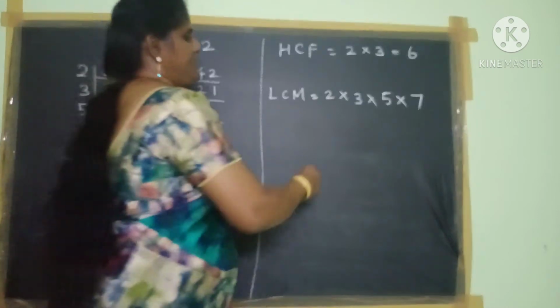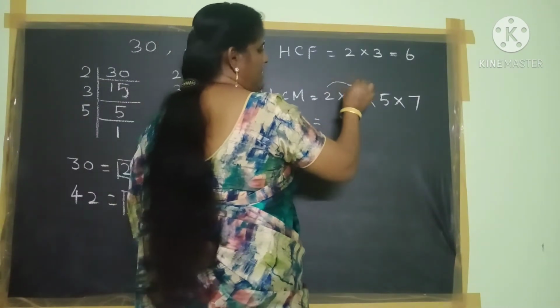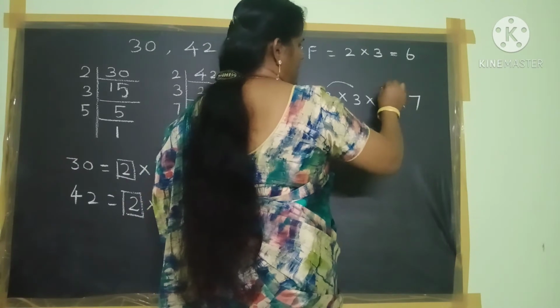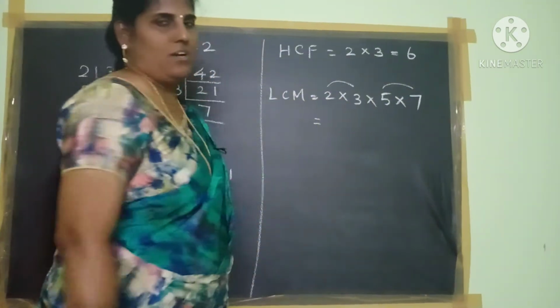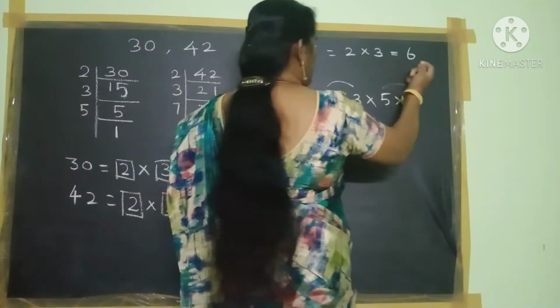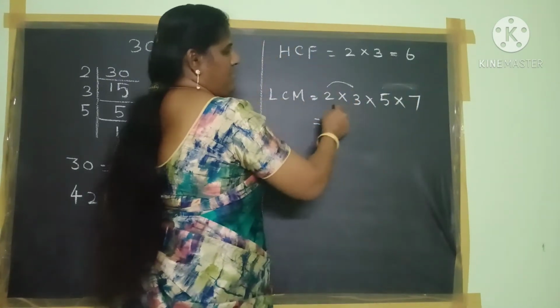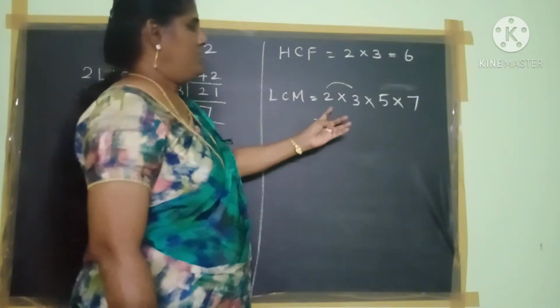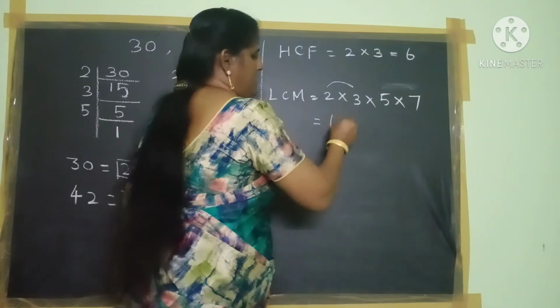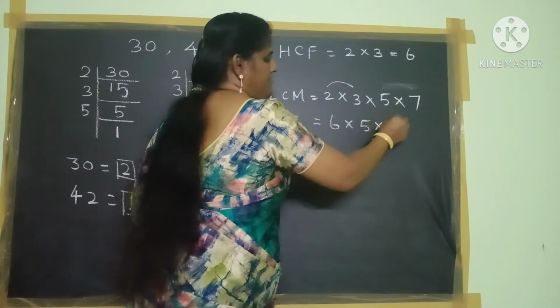So next, just multiply these numbers step by step. Easily you can do it. First I am going to multiply these 2. 2 3s are 6. 6 into 5 into 7.